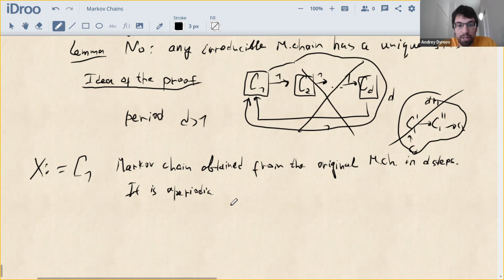But if it is aperiodic, it has a unique stationary state because it's mixing, right? Because it's ergodic. So it has a unique stationary state. And now, how to make a stationary state for the full initial chain?